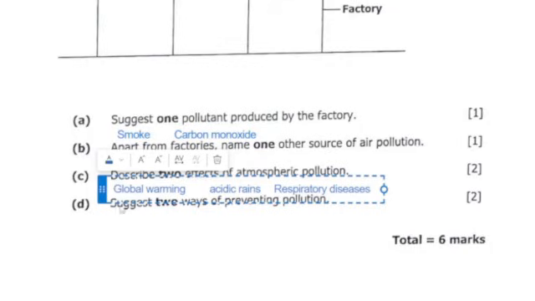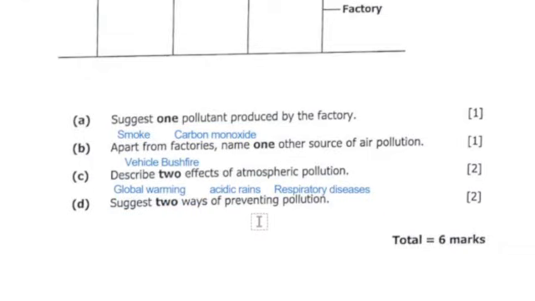So those are the effects of atmospheric pollution. So global warming, acidic rains, respiratory diseases, these are the things that are caused by air pollution.